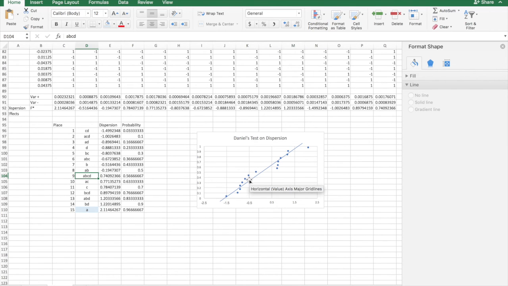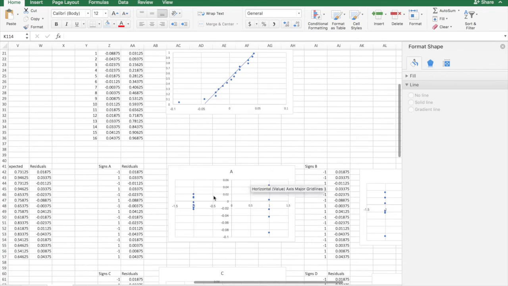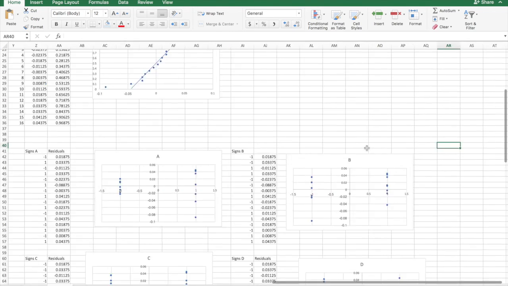Then we can say maybe this factor affects dispersion, which is factor B. Yes, factor B can also affect dispersion, but otherwise it follows a straight line, and the ones that we can clearly see are A and probably B. So A and B affect dispersion, as we saw in here. A affects dispersion, and B does so to a lesser degree than A, but it does affect dispersion.